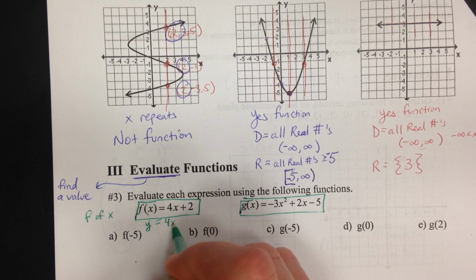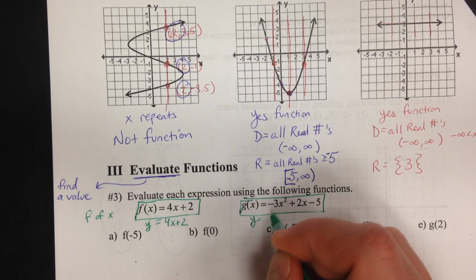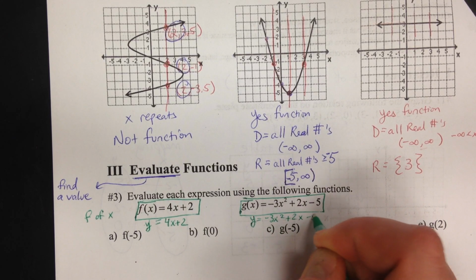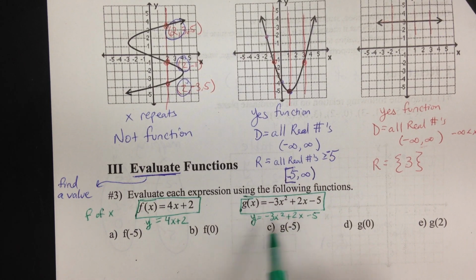So we have y equals 4x plus 2, and we have y equals negative 3x squared plus 2x minus 5. So what we're going to do here is plug in numbers for x into each function, and we're going to get out y values. So we're going to try to figure out the y values.